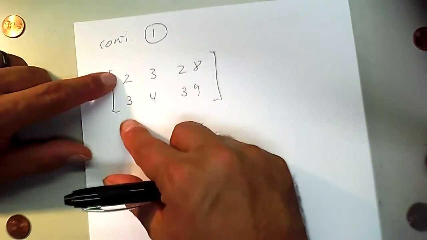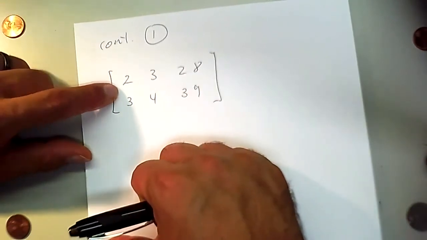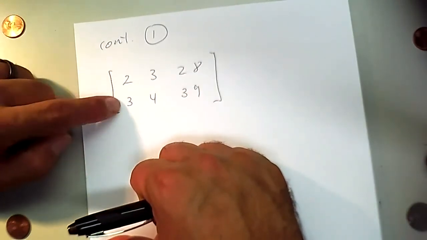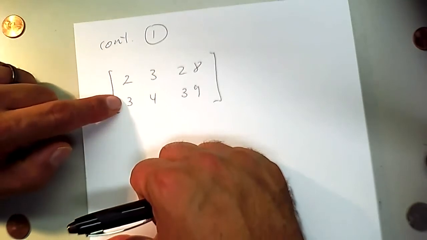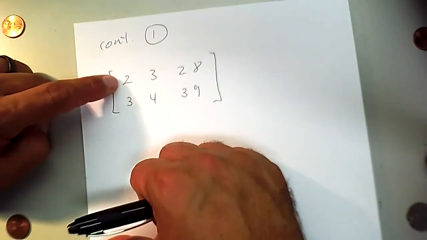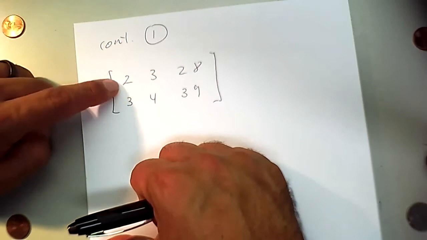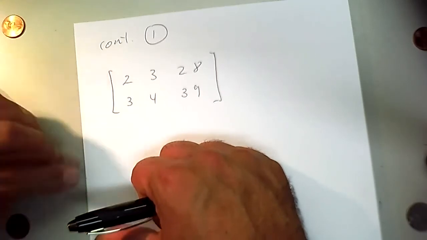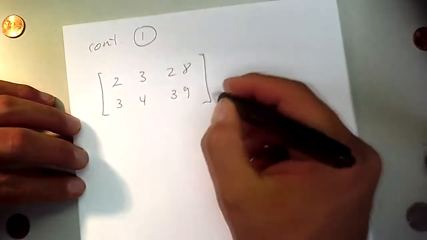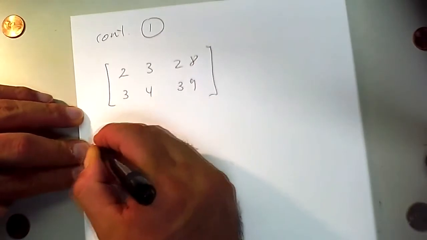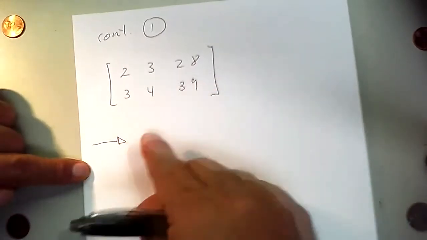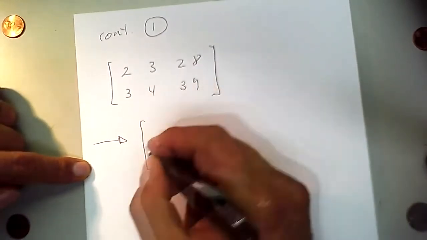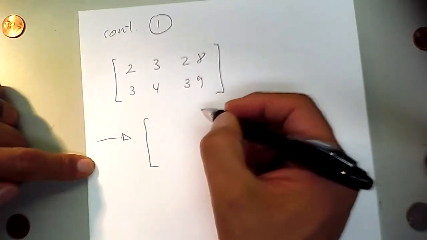We're going to do the same process we did back when we were eliminating equations. I want to eliminate this 3, but I want to eliminate it with this 2, and it's kind of hard to eliminate if they don't match. So I'm going to multiply the second row by 2 and the first row by 3. Oftentimes we use an arrow indicating now we're going to have a new matrix, and we have to explain how we obtain the matrix.